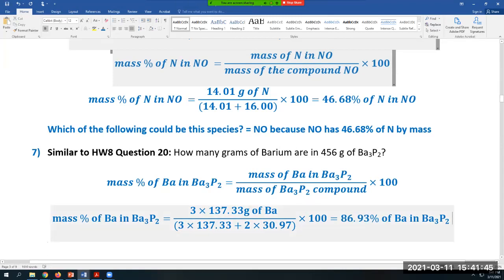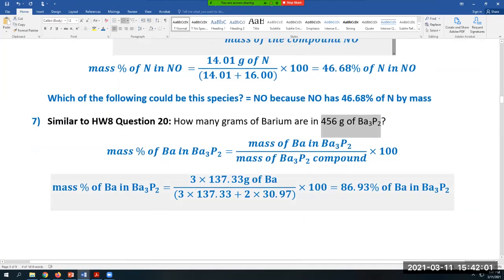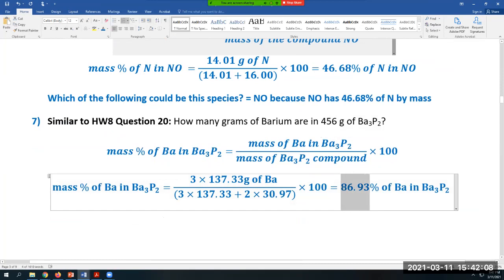So when you have the mass percent, you can calculate the mass of barium by using this percentage and the total mass of the Ba3P2. So for this, you take this total mass of the compound, and you use the percentage.